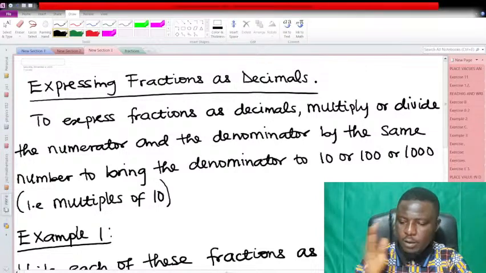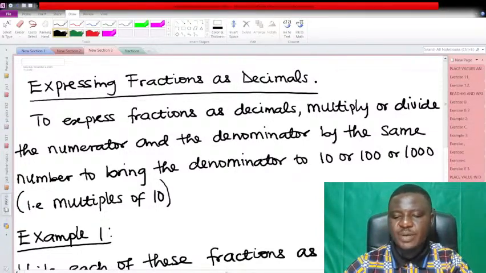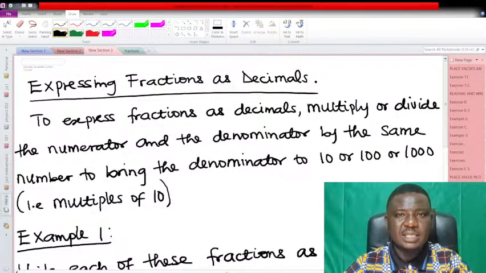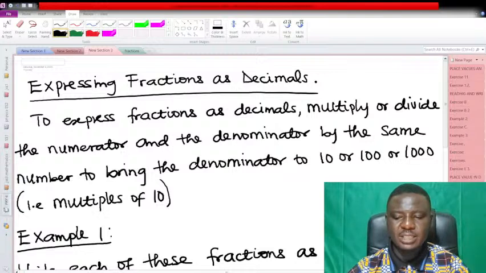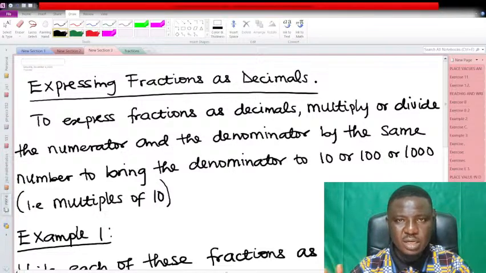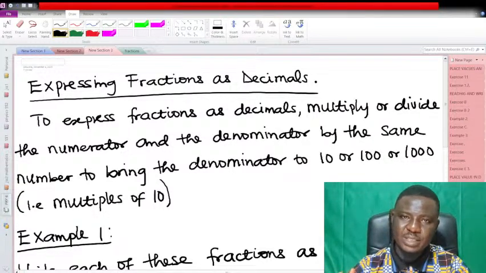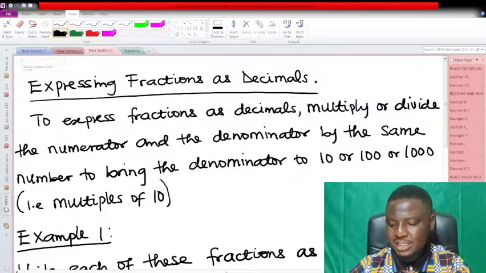Okay. We shall now look at expressing fractions as decimals. We have seen how we can express decimals as fractions. Now we shall look at how to express fractions as decimals.